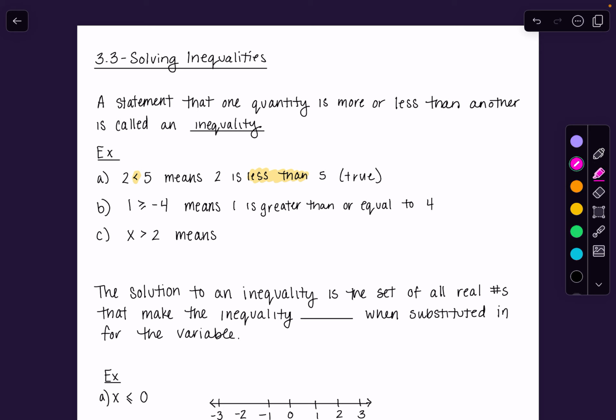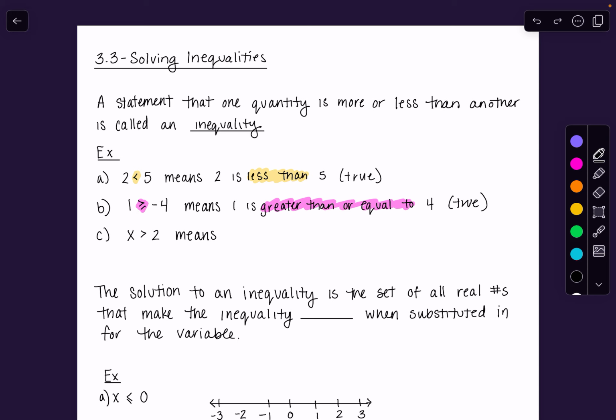So this symbol in between is standing for greater than or equal to, and we know this is also a true statement. Basically, if you have this bar underneath, it's indicating that you could equal as well. But if it's without the bar, we call it a strict inequality, it means these two cannot equal each other. So one side has to be bigger than the other.